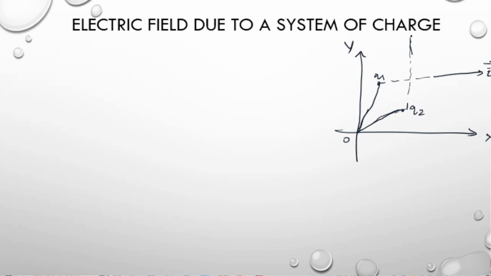This is the way my electric field acts: electric field of one acts, electric field of two acts. You know that whenever you take the vector sum, it will be E1 plus E2. Now I am going to call this distance R1 and this distance R2.